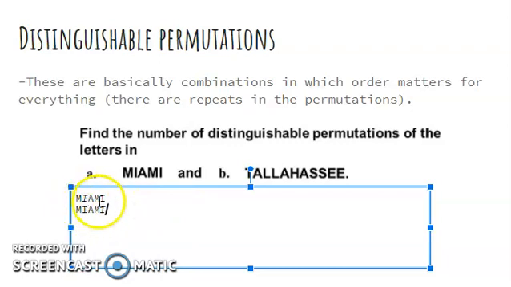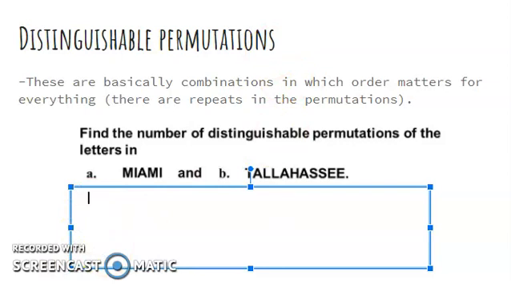Although the order is different because the italicized I is here versus here, we can't really tell if this weren't italicized. So this is what the combination does. This is why we are calling them basically combinations, because there are redundancies which we have to eliminate, although the order does matter.